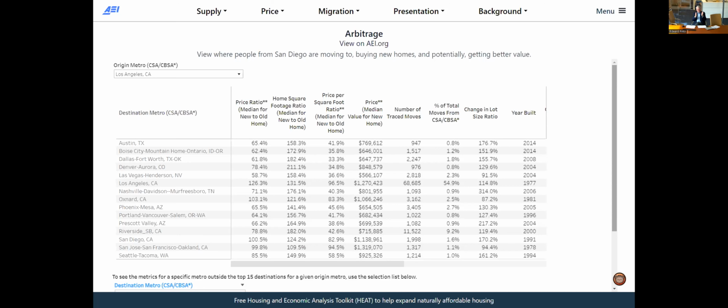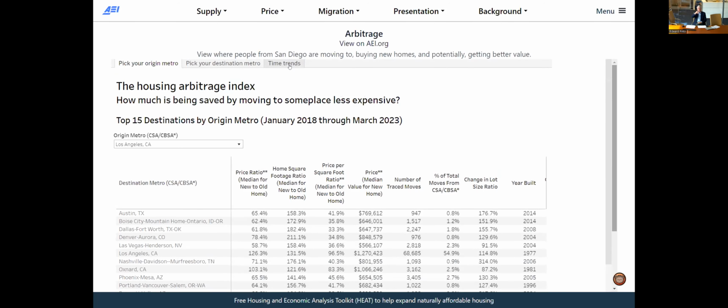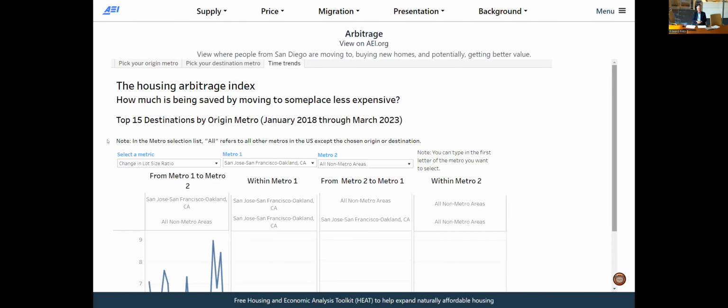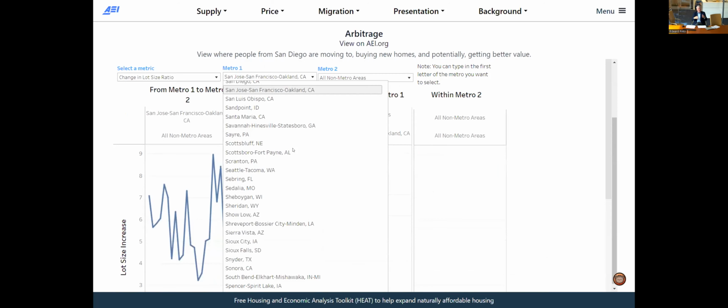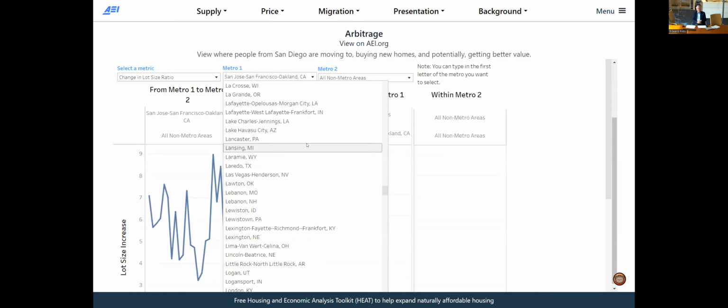So that's interesting. The next use of this tool is to go to time trends, and we say what's been going on if we go, again, Los Angeles, and then focus on, say, Riverside, San Bernardino, which was the biggest place outside of LA County at that 8 or 9% of the moves.